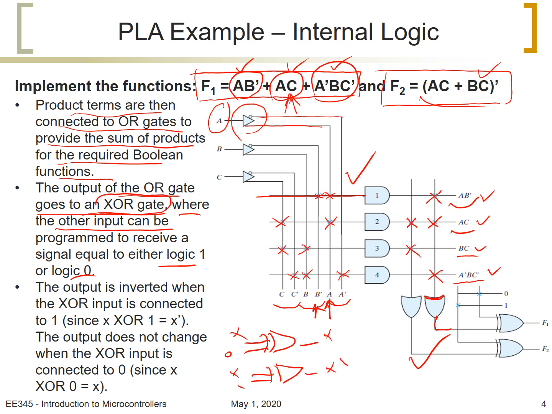So we bring this output here to another exclusive OR gate, and we want F1 to be the ORing of these, so the other input of the exclusive OR will be logic 0. And for F2, we bring this output of the OR gate here, and the other input will be logic 1, so we connect it with 1, and this is F1, and this is F2. So this is how we can program the AND gates, the OR gates, and the exclusive OR gates in order to implement the function with the PLA.